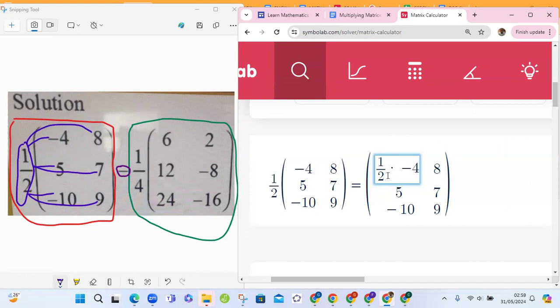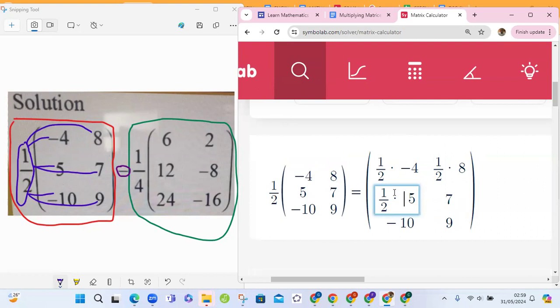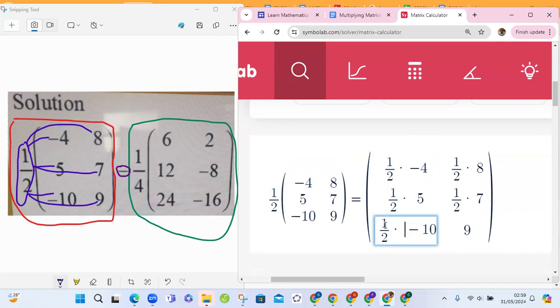The decimal is on the level of the line, but the dot above, between the two lines, that's multiplication. So a half times -4, a half times 8. We call it scalar multiplication. Scalar means just a number, and in this case, it's a half. You have to multiply the half by each element in the matrix.